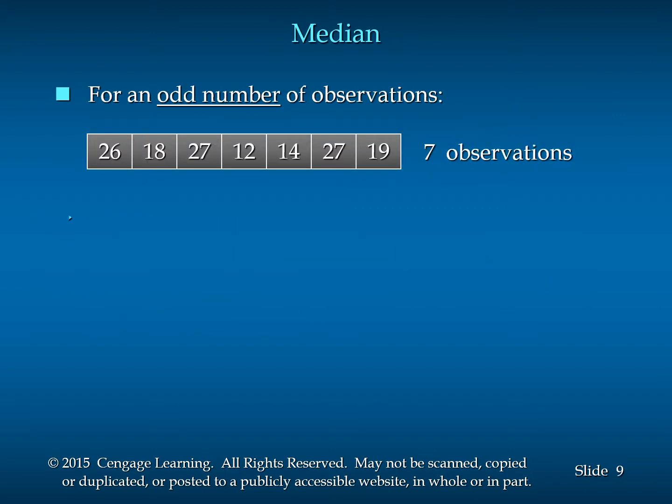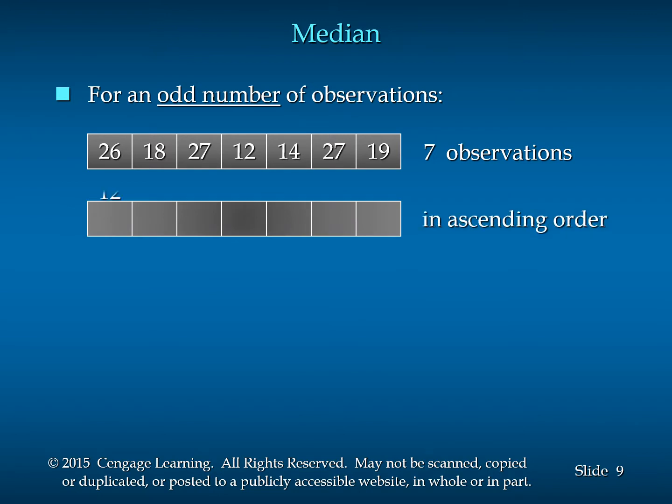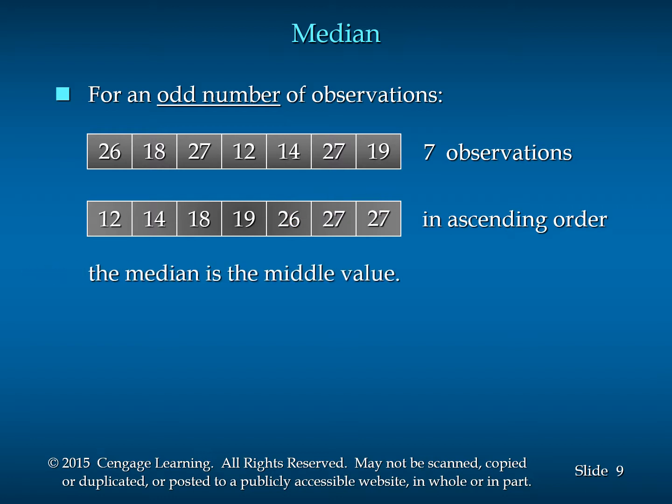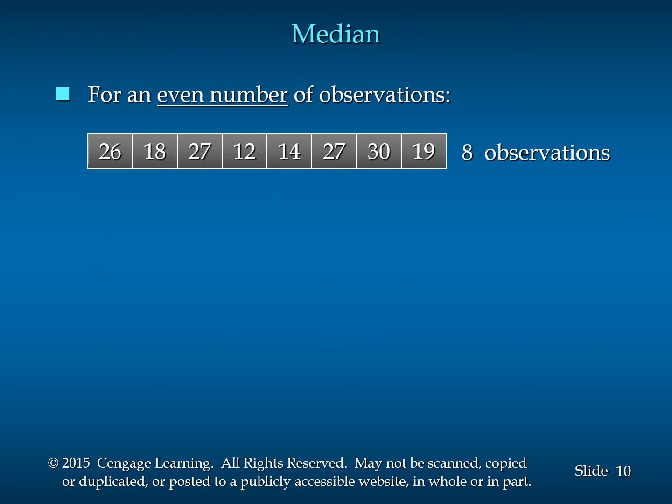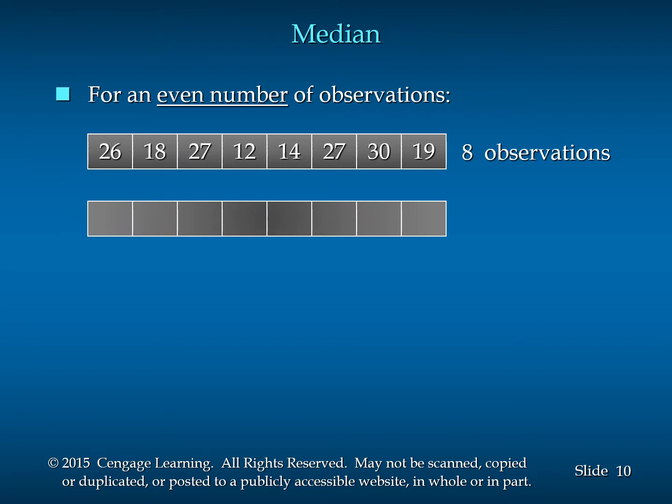For an odd number of observations arranged in ascending order, the median is simply the middle value. For an even number of observations, you would take the two middle values and you would average them.